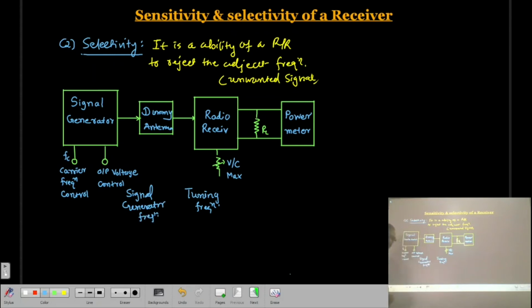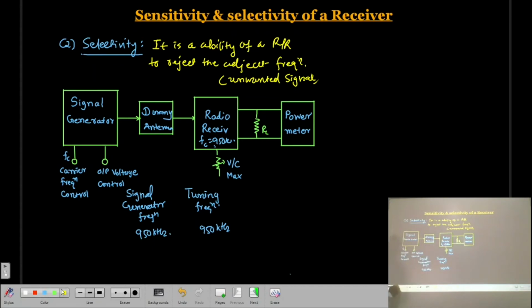My tuning frequency is, let us say, 950 kilohertz. I am tuning this radio to 950 kilohertz, and at that time my signal generator frequency is also 950 kilohertz. So both frequencies are the same.